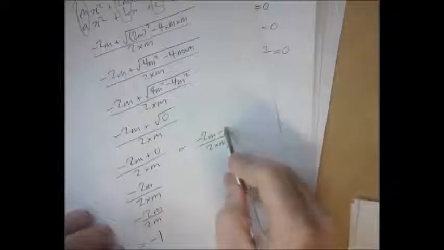Now adding 0 or taking away 0 doesn't make any difference, so you get the same answer in both cases. So the answer is just x equals negative 1.